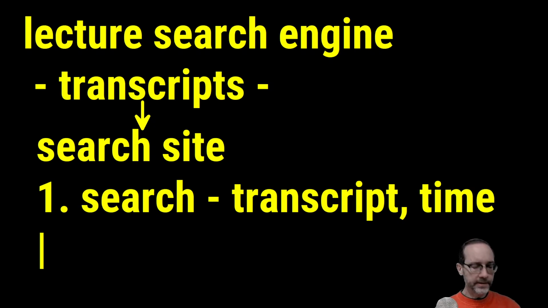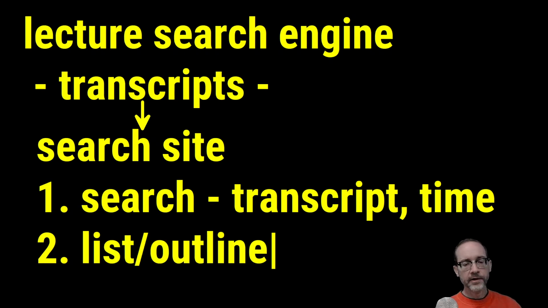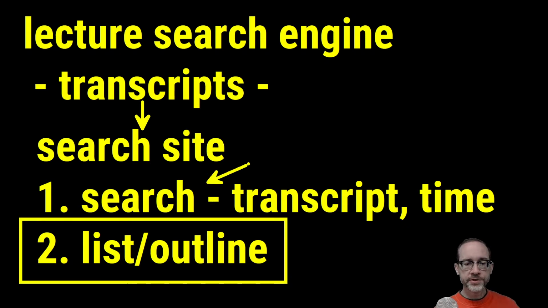And two, I have it compiling a list and outline of all of the timestamps from each lecture. So both of those are available there. You can see the holistic view of the whole week, or you can search here.